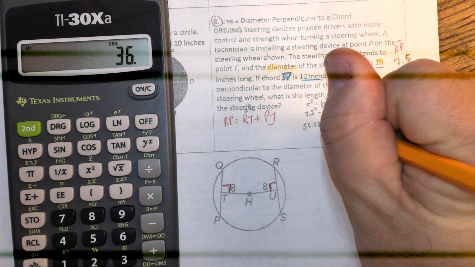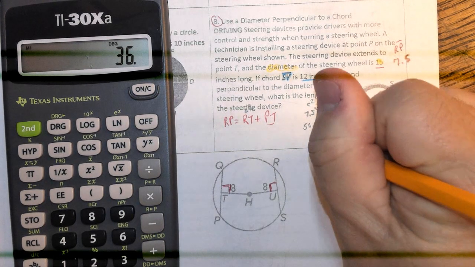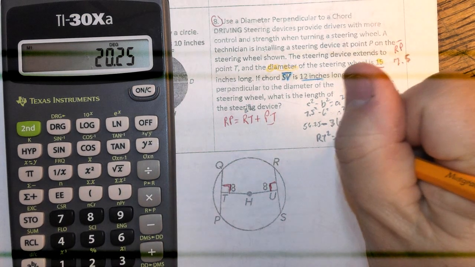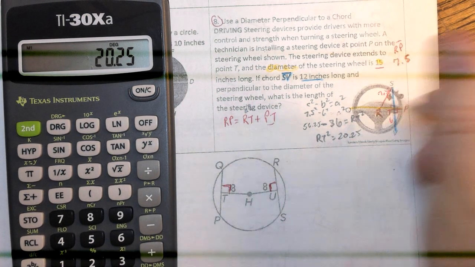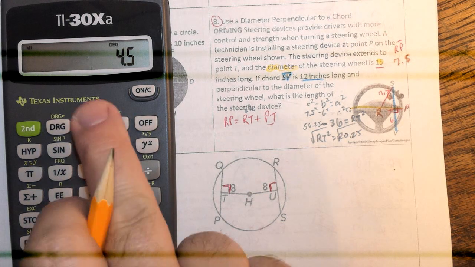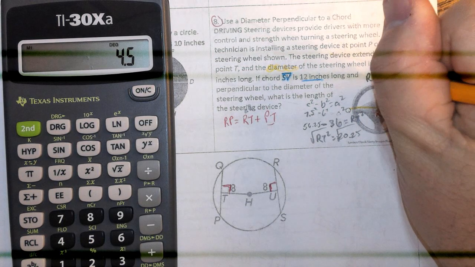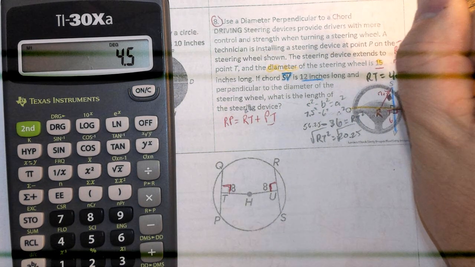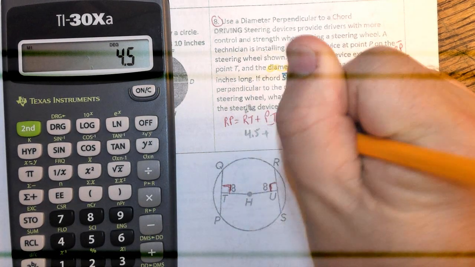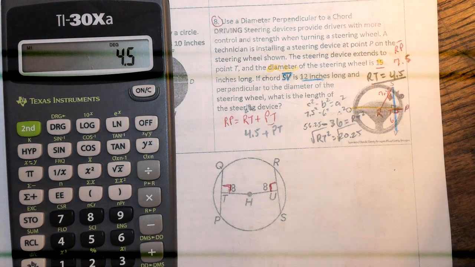So minus 36 equals, this is going to be RT squared. So it's 20.25. Now we need the square root of both of these. So the square root, so RT equals 4.5. So 4.5 plus PT, that's the one we're looking for, the little steering device.